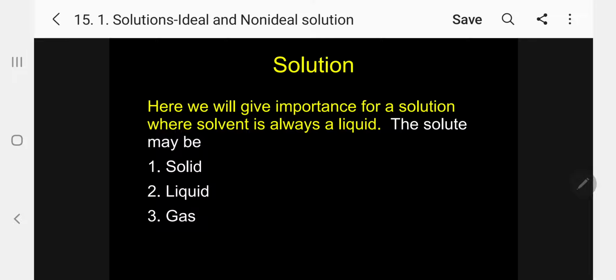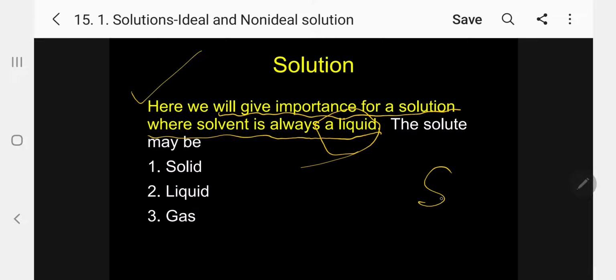Like this, we have various combinations. But in this chapter, we are going to concentrate on only one type of solution, where the solvent is always a liquid. Kindly follow. So we are assuming the solvent is always a liquid.